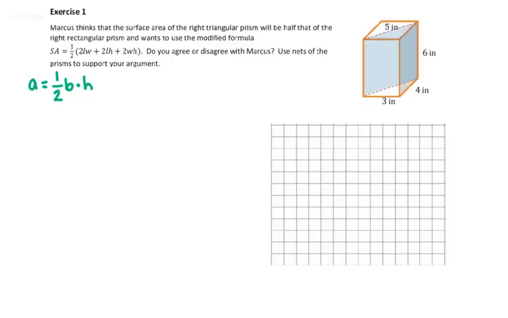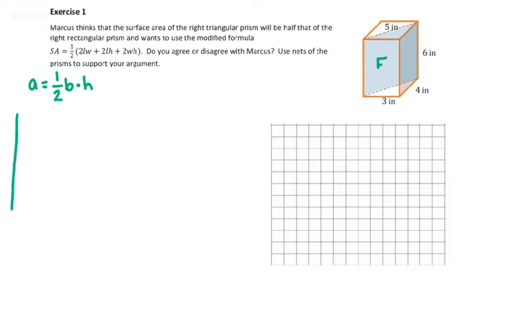So we see that we have 6 sides here as well, and we're going to draw out those sides before we get started. As I'm looking at this right triangular prism, the first side that I see is the front. The front of my right triangular prism is still a rectangle.